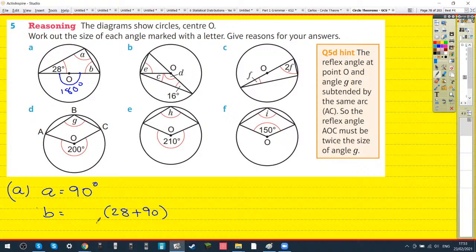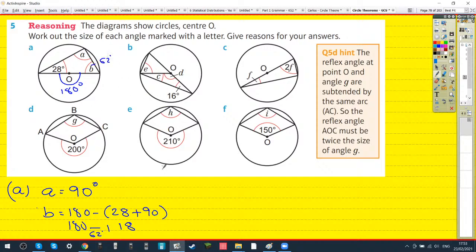So 180 minus 118 is 62. 62 degrees. Looks good.